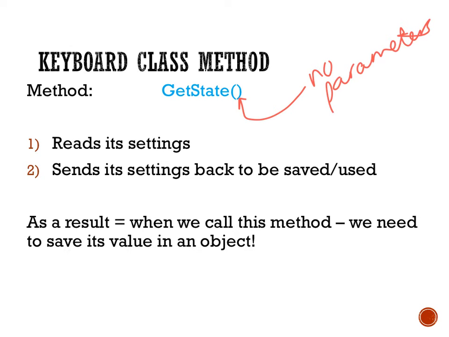You can just say access the keyboard and look at the button. So you just do GetState and then empty parentheses, because you will not have any parameters that you need to send inside. Essentially what this method will do is read the settings of the keyboard, and then send those settings back to the game. And then just like before, we need to save this value inside of an object, and we'll talk about that object on the next slide.